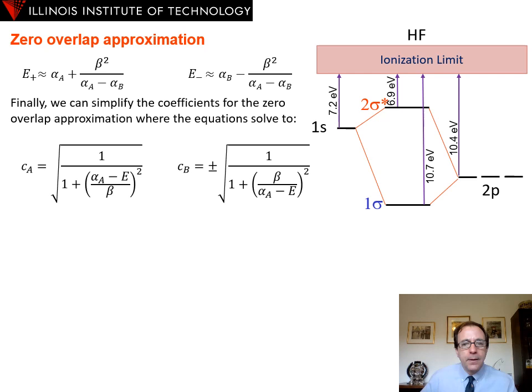So without going through the derivations of them, this is what their values are. The value for the coefficient for the A is 1 over the quantity 1 plus the quantity alpha sub A minus E over beta, and that quantity is squared.